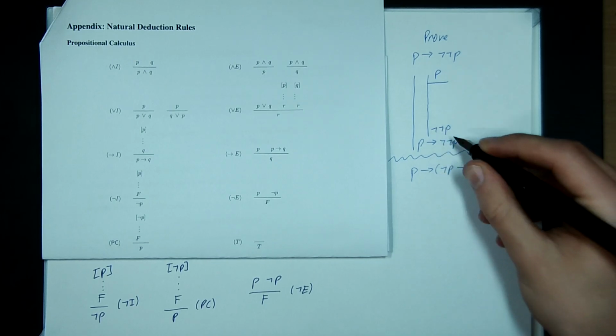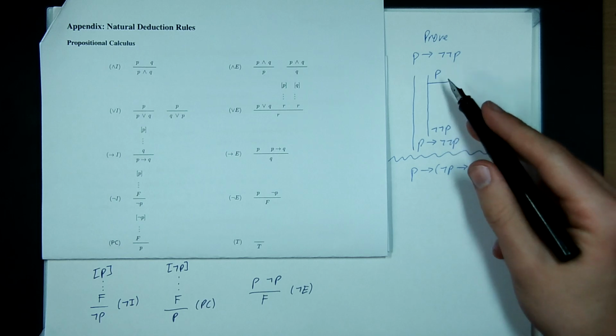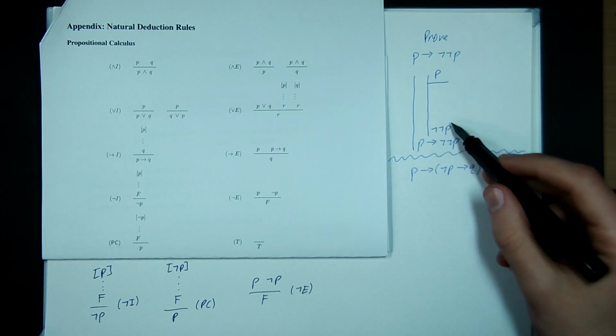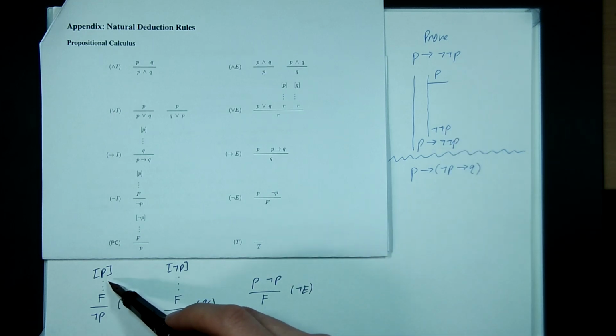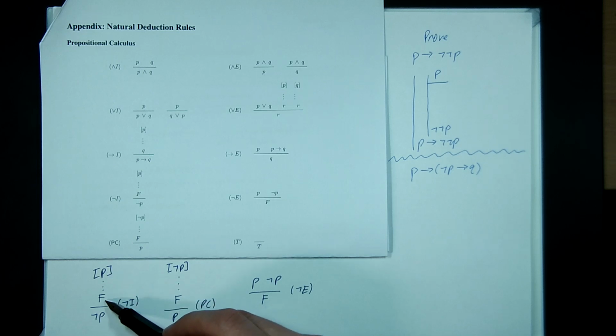Okay? This stage here, it's not so obvious how to obtain not not P from P. So if you're stuck, sometimes you can try assuming the opposite and then get what you need. So I know that if I drop a negation and assume it to be true and obtain false, then I can prove that not not P is true.